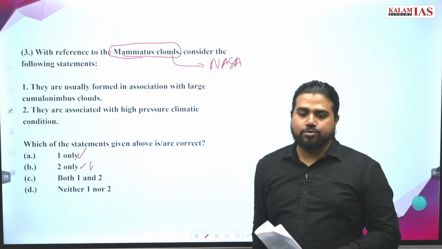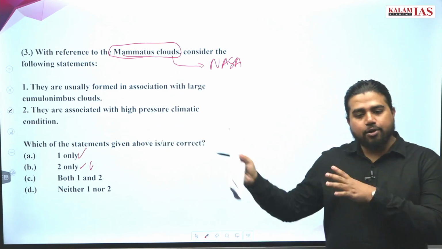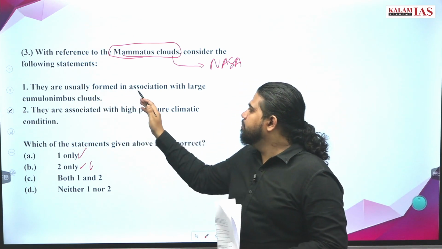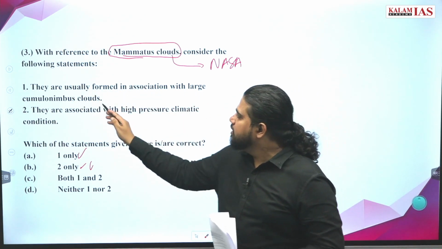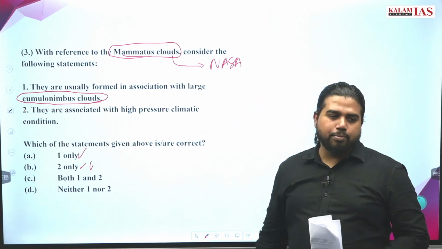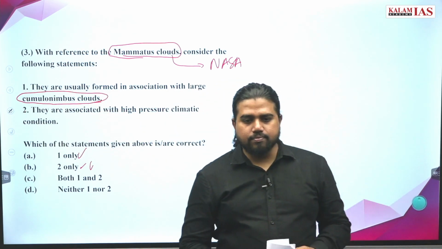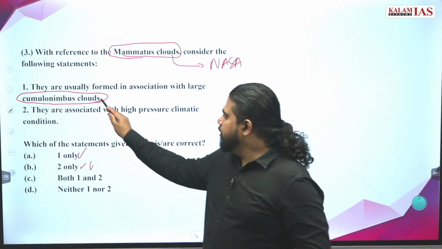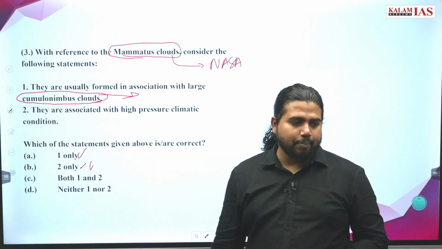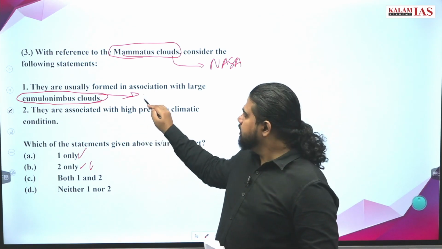Even if you don't know or haven't read or cannot remember these clouds during the exam, how will you answer this? They are usually formed in association with large cumulonimbus clouds. What exactly are large cumulonimbus clouds? If there are large cumulonimbus clouds around an area, what do you expect to happen? Thunderstorm.